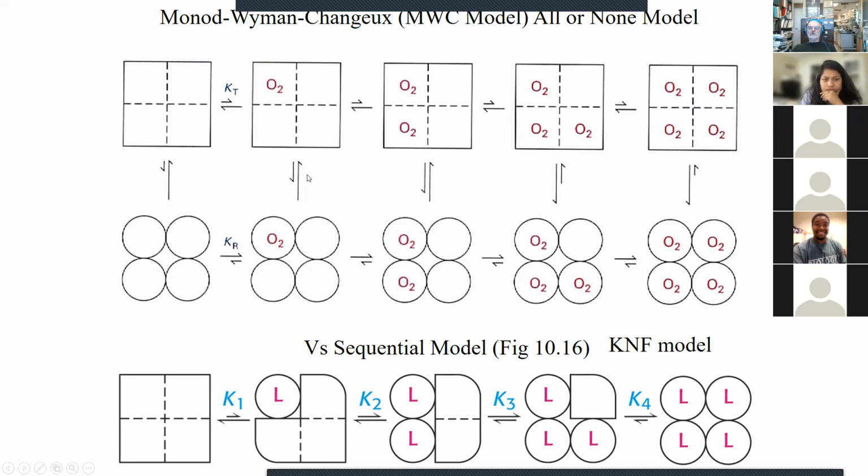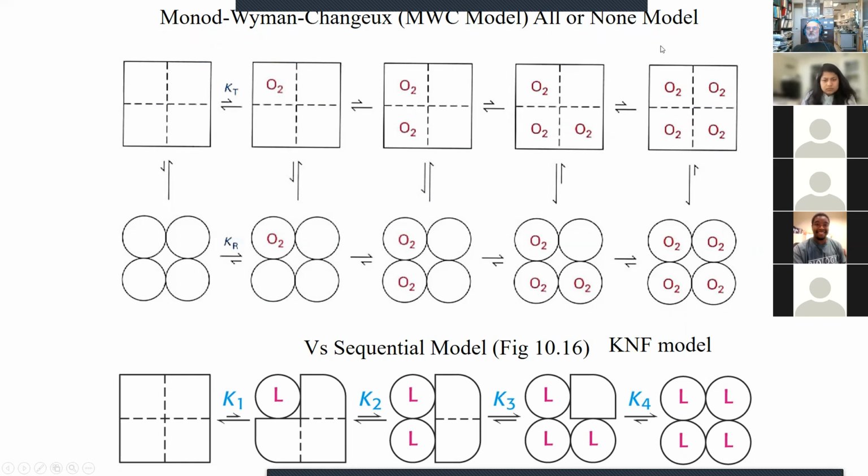What they're showing you is that the equilibrium shifts because of ligand binding, from the low affinity to the high affinity form. 1 ligand bound, 2 ligands bound. Remember, this does not reflect the full complexity here because there are 4 forms with 1, there are 6 forms with 2, etc. But nonetheless, it's a depiction of the all or none model.